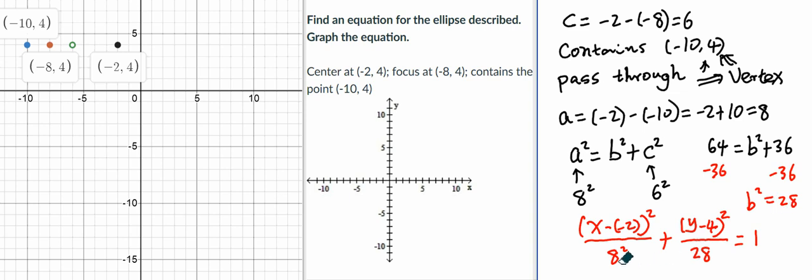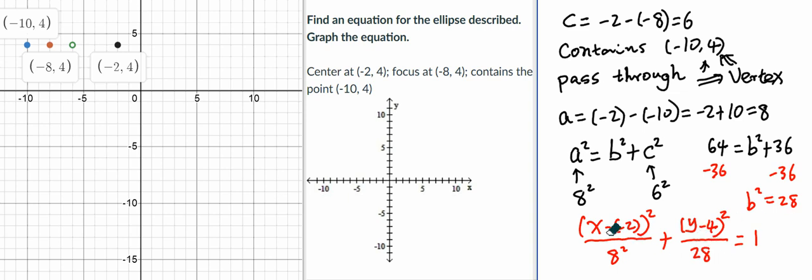Of course, a squared should be below the x-axis because the major axis is in the horizontal direction. Horizontal is the x-axis. And then b squared is below the y variable.